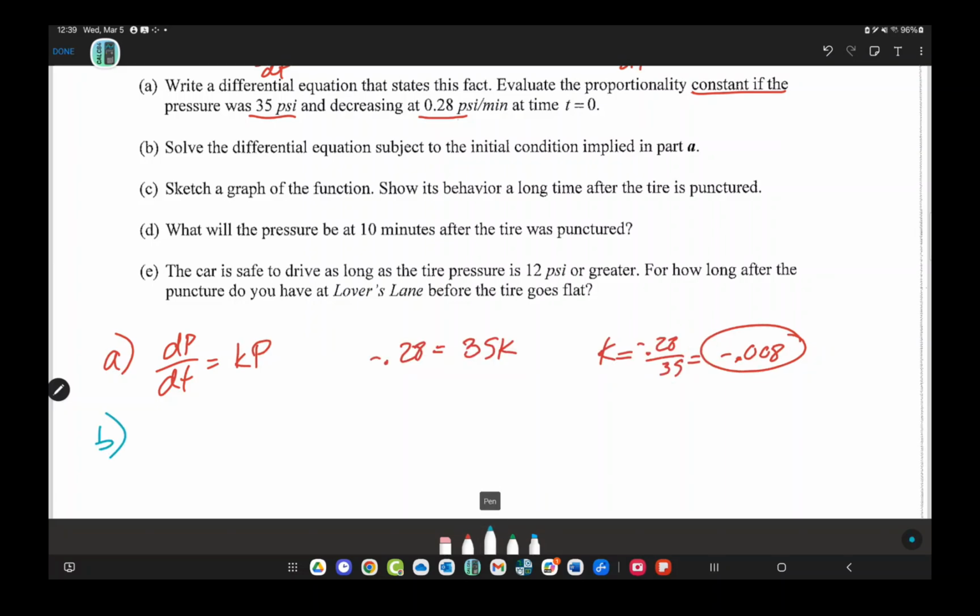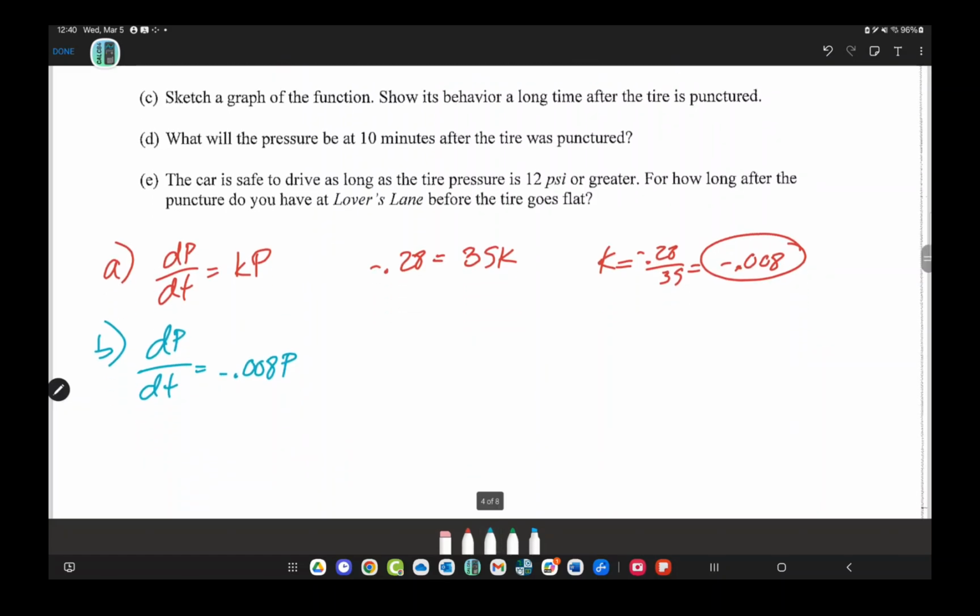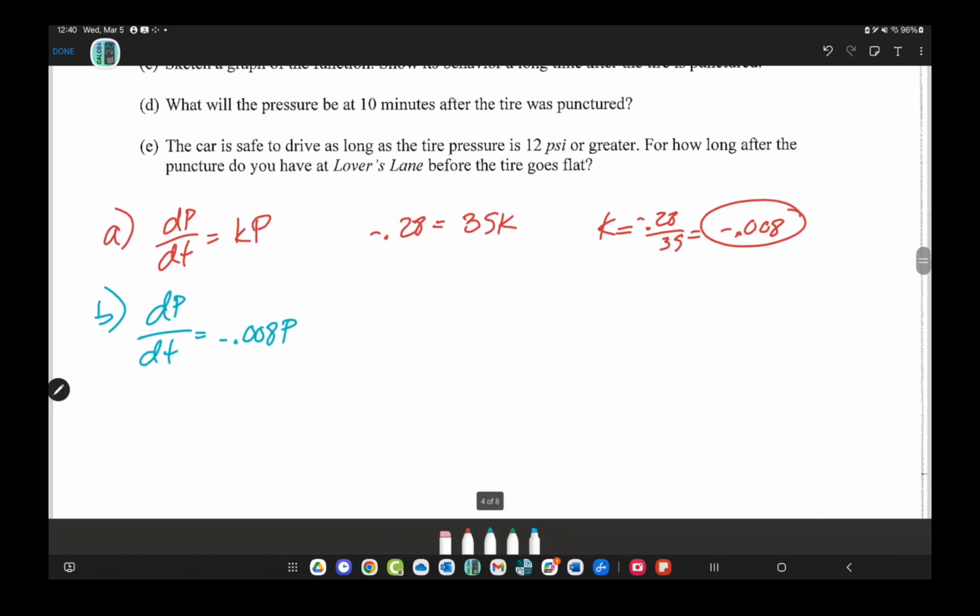B, solve the differential equation. dP over dt is equal to negative 0.008P. We've solved this a few times. If you want to show all the work, you should show all the steps. We are going to say 1 over P dP is equal to negative 0.008 dt.